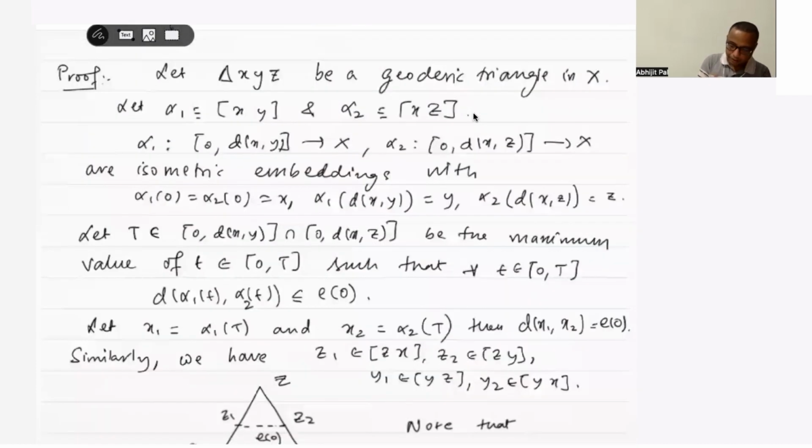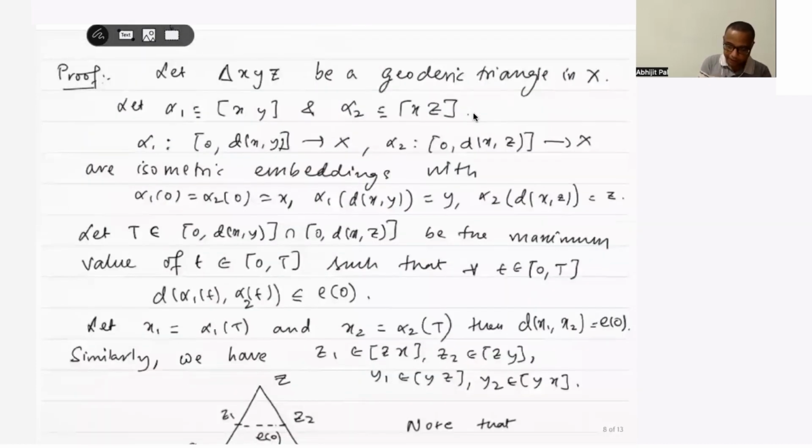Okay. So now let us take capital T to be a number in the intersection of these two intervals such that T is maximum over all small t belonging to the interval 0 to T such that for all t, the distance between alpha 1 t and alpha 2 t is less than or equal to E naught.